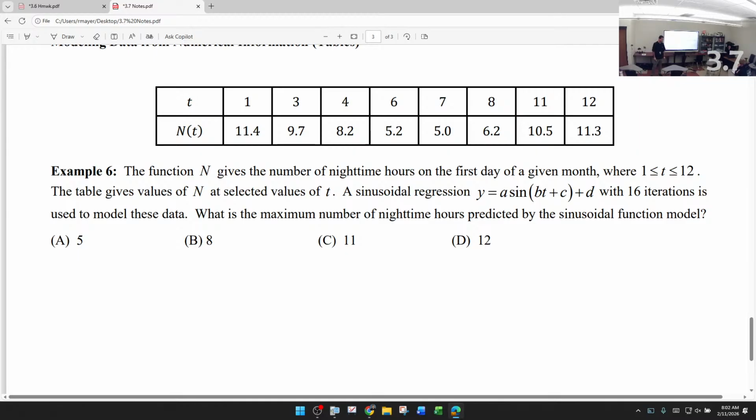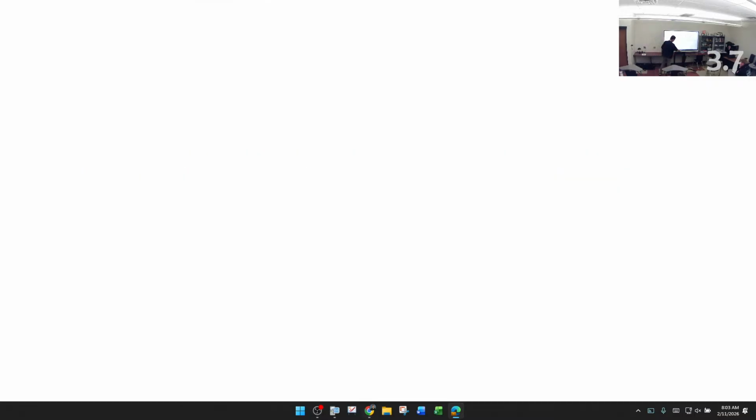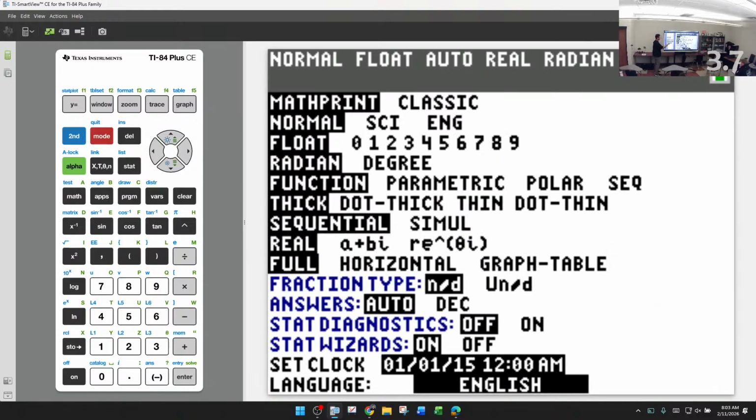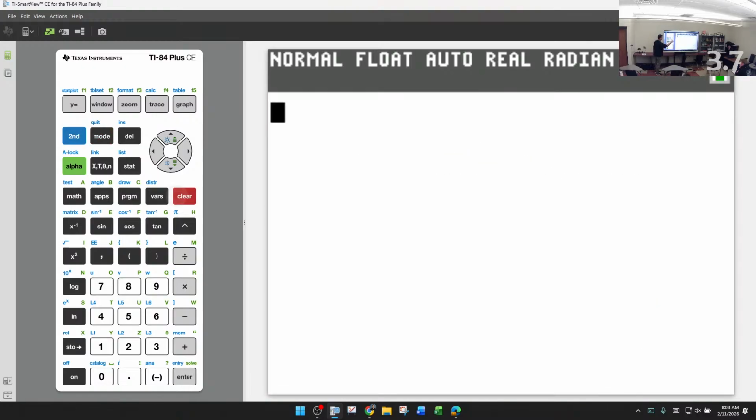1, 3, 4, 6, 7, 8, 11. That's not consistent at all. This one, you're going to have to use your calculator. Stat.